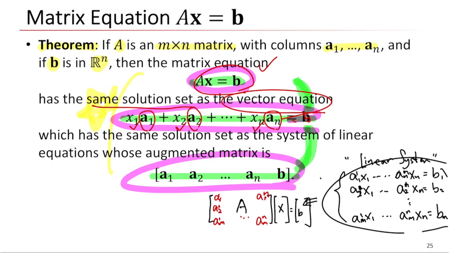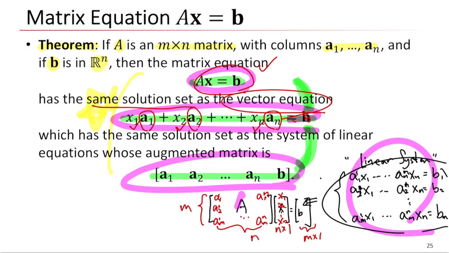So the size of the matrix A was m by n. So in this case, the size of vector x should be what? n by 1, right? It's like x1, x2 through xn. And the size of vector b should be m by 1. So we can represent any linear system in the Ax equals b form, right?